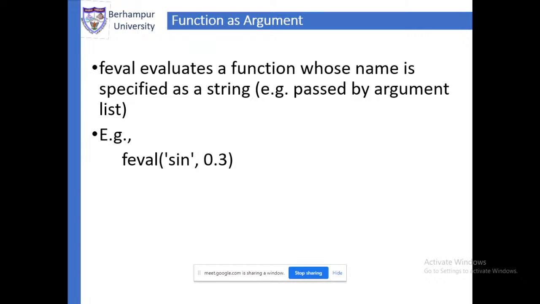FEVAL sine 0.3 means it will evaluate sine within brackets 0.3. So sine 0.3 can be evaluated this way. This is the same as sine 0.3. So either you write sine 0.3 or you can write FEVAL sine 0.3.